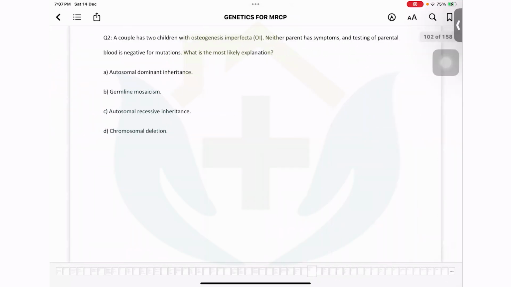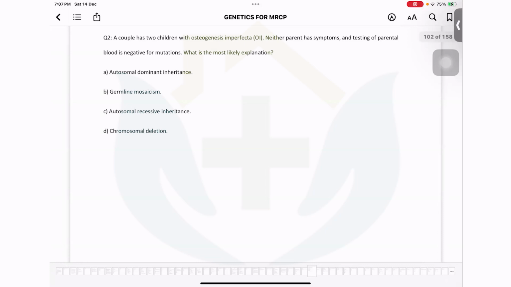A couple has 2 children with osteogenesis imperfecta. Neither parent has symptoms, and testing of parental blood is also negative for mutation. What is happening here? It is a genetic disorder, both children have it, but the parents have nothing. When you test the parents' blood, you again do not find any mutation.